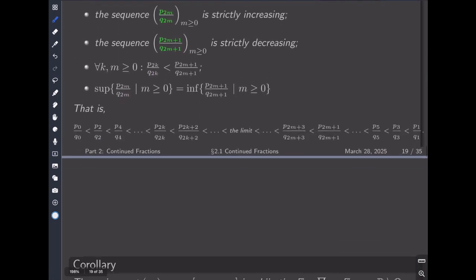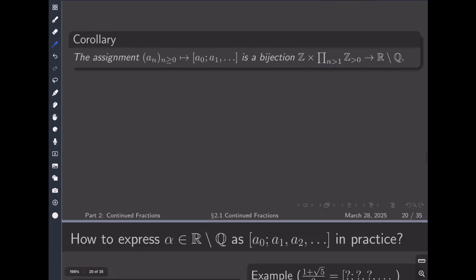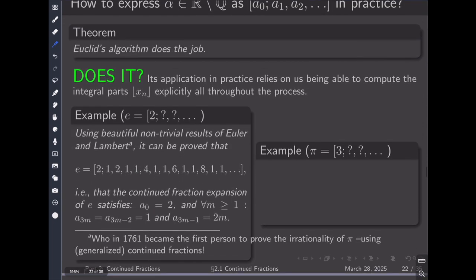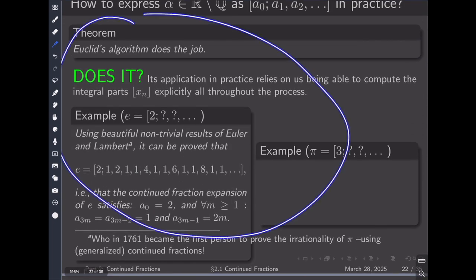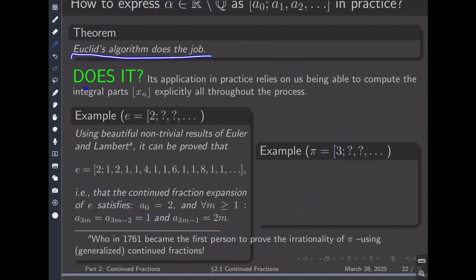So one has a bijection between the irrationals and the infinite continued fractions. And this is what David said, right? It does the job, but does it really do it? For pi, I think it's not yet known.